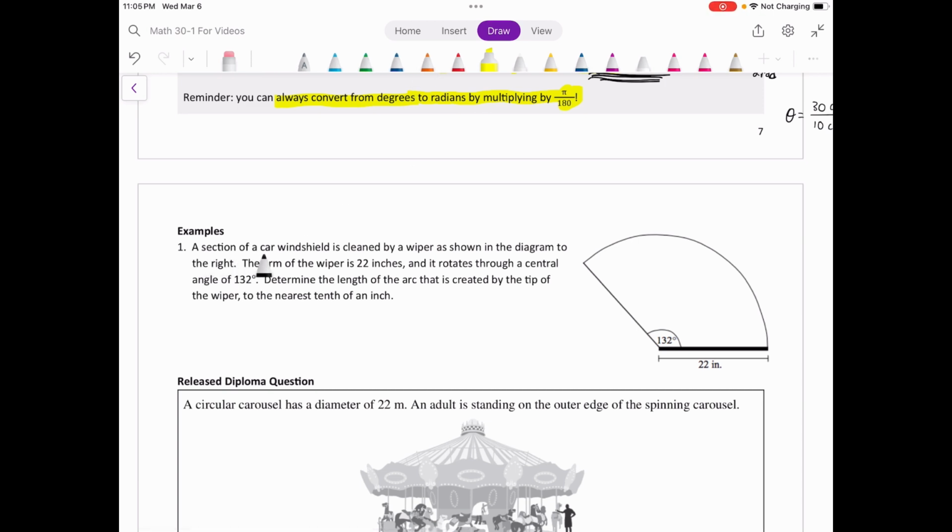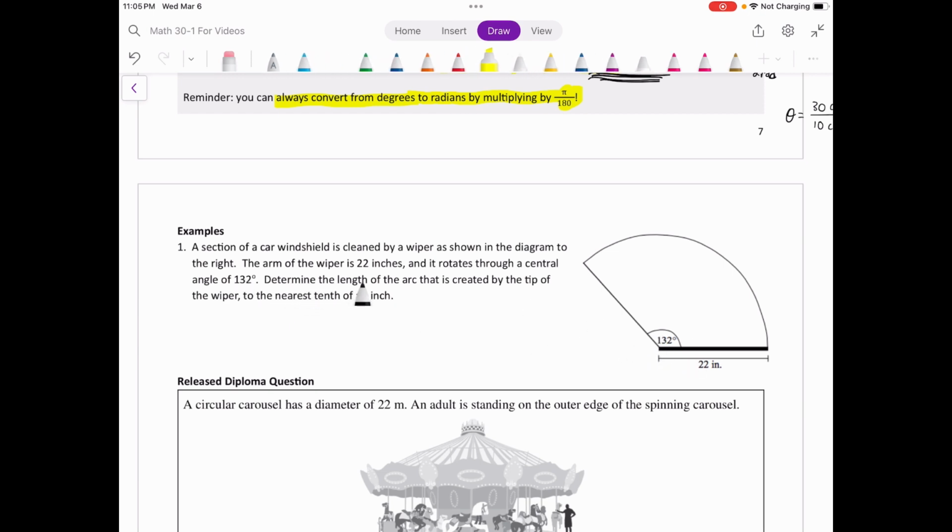So a section of a car windshield is cleaned by a wiper as shown in the diagram to the right. The arm of the wiper is 22 inches. Can you picture this? This is like the wiper on a car windshield. It's rotating through an angle. And it rotates through a central angle of 132 degrees.